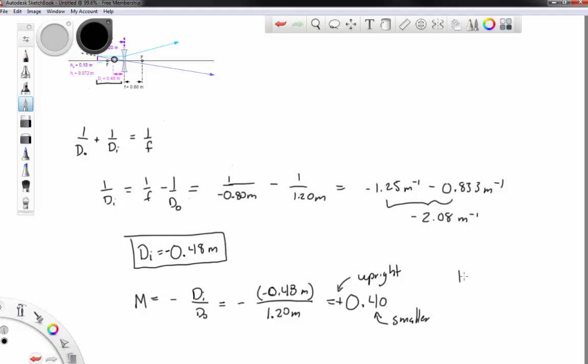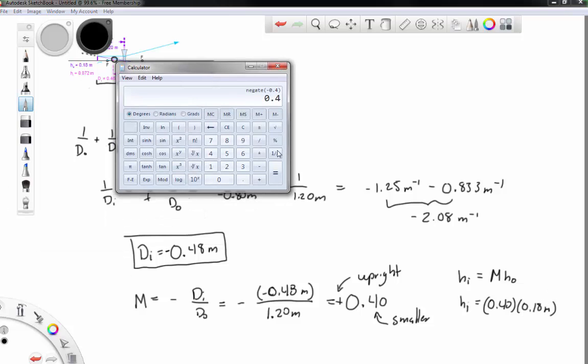And in fact, the height of the image is always given by the magnification times the height of the object. So our image height should be 0.40 times 0.18 meters. So plug all that into your calculator, and what do you get?